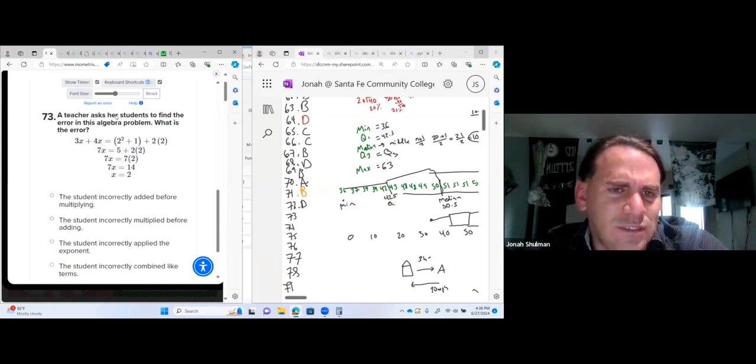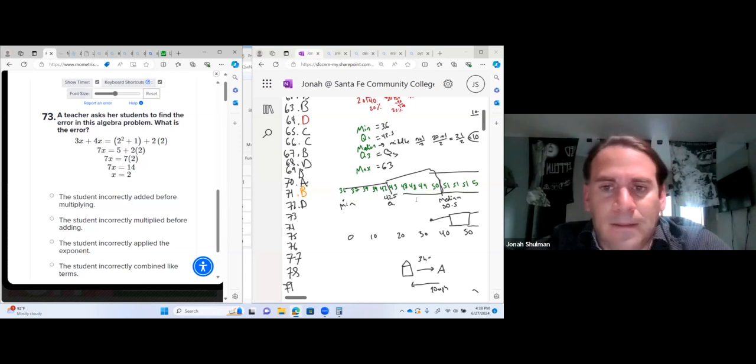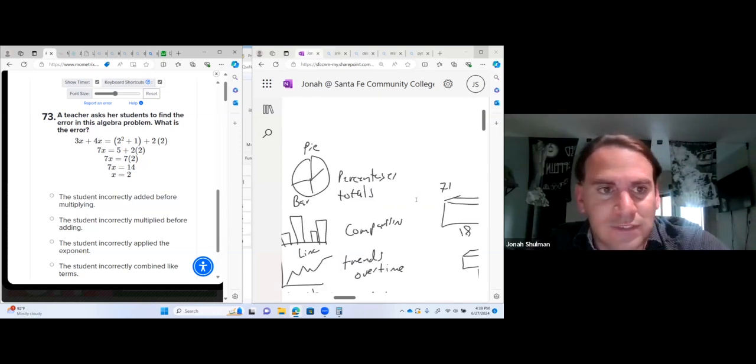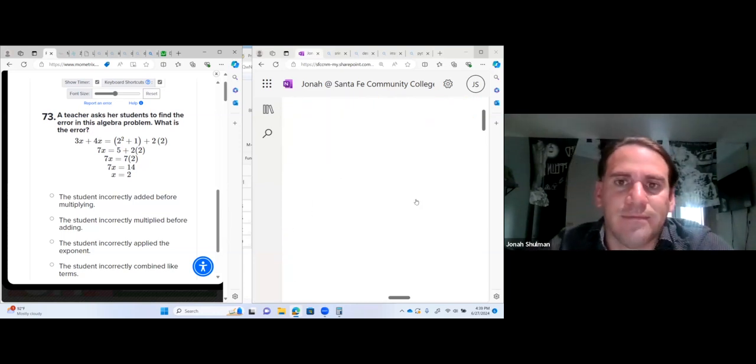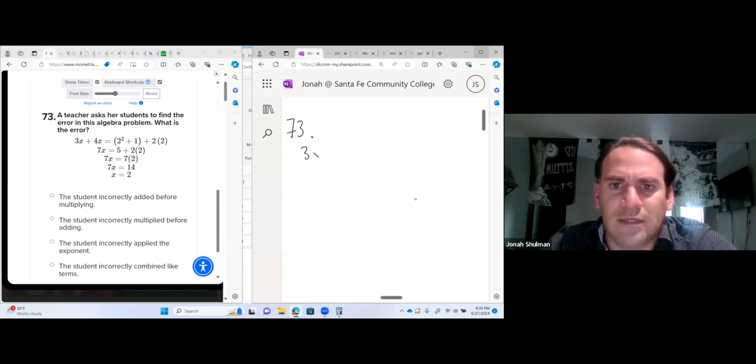A teacher asked students to find the error in this algebra problem. What is the error? All right, so we might as well write it all out and see what happens. So here we go, 73. 3x plus 4x equals 2 squared plus 1 in parentheses plus 2 times 2.